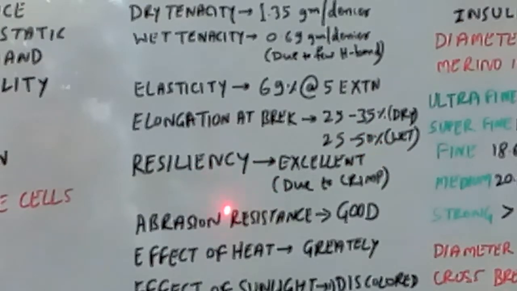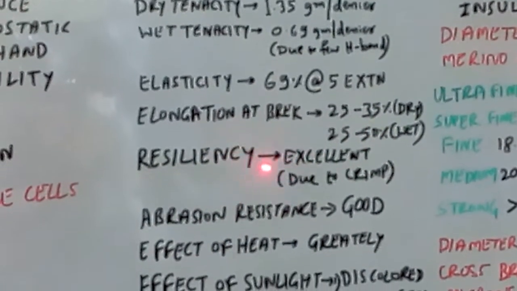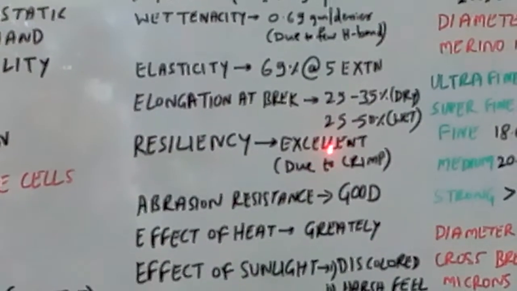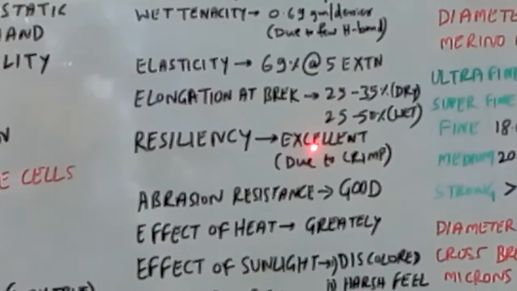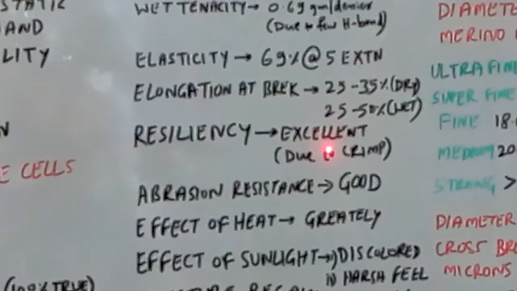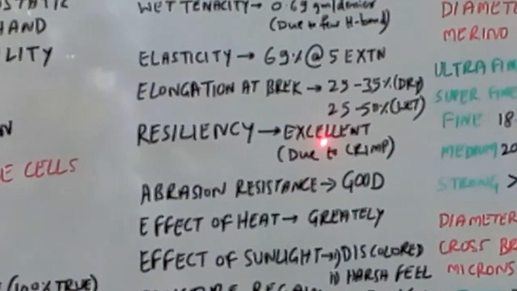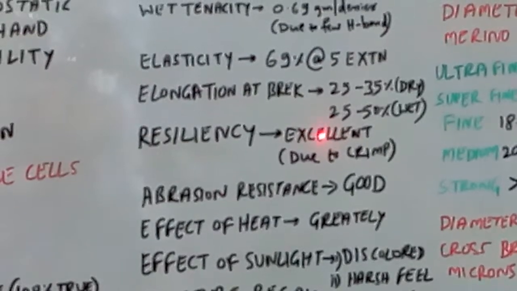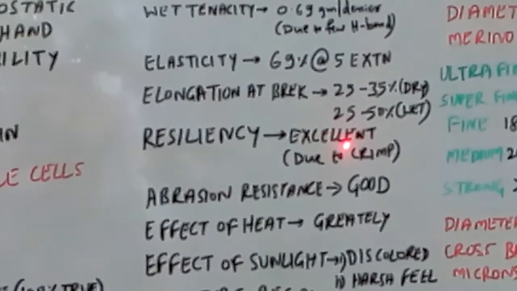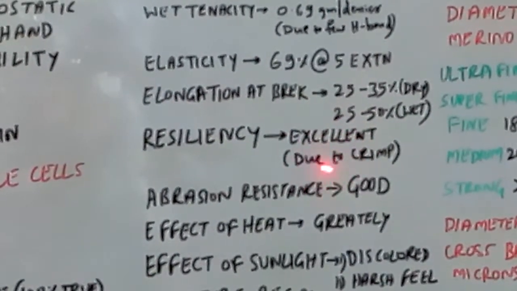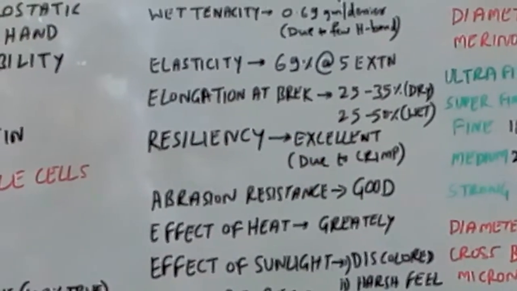And resiliency, what is resiliency? It is excellent. Resiliency means when you compress a package of this wool with a force and then remove the force, it will recover its original position because of the crimp present in the fiber.